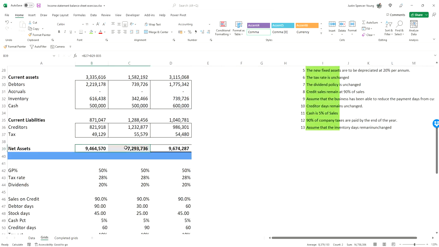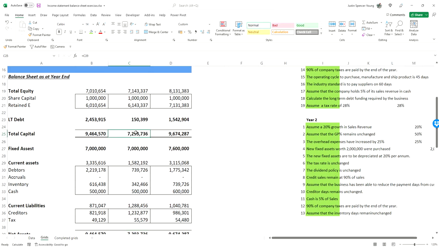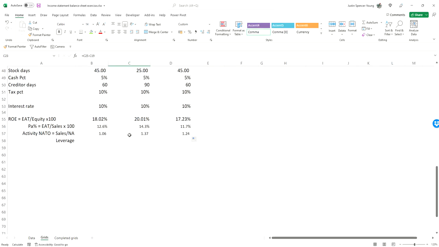Look, our net assets is so much lower. And why are our net assets lower? Because our customers are paying us sooner and our inventory is less, and what we owe our suppliers is higher. So we've got a more efficient balance sheet here. Therefore, we've got less net assets, we've got less capital, and we've got less debt. So this is a more efficient business.